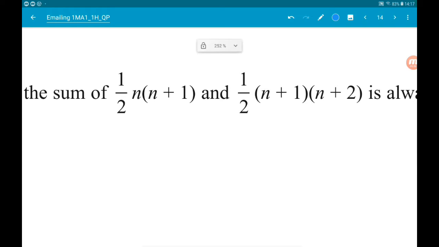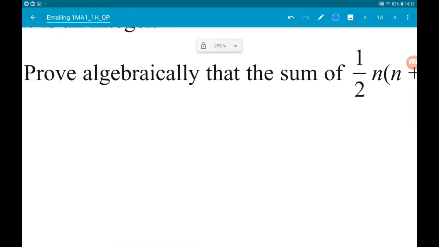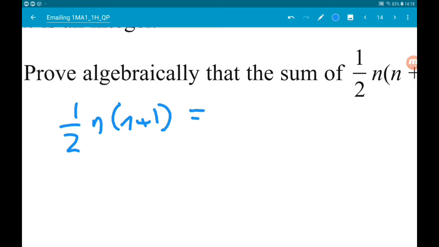So 1/2 n times n add 1 is 1/2 times, now if we multiply the n's through, we're going to get n squared add n.